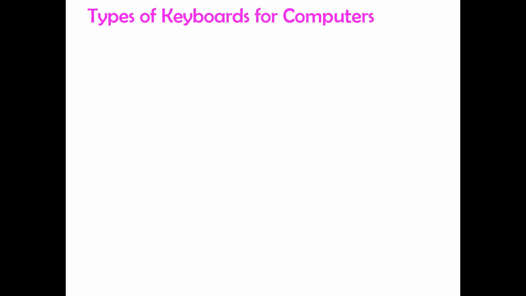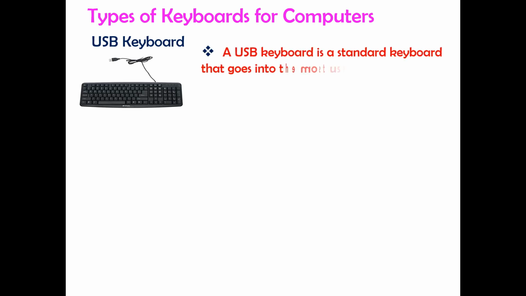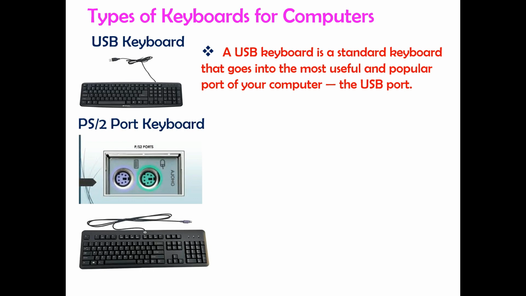Types of keyboards for computers. Most commonly people are using USB keyboards. A USB keyboard is a standard keyboard that goes into the most useful and popular port of your computer, the USB port. And PS2 port keyboard.